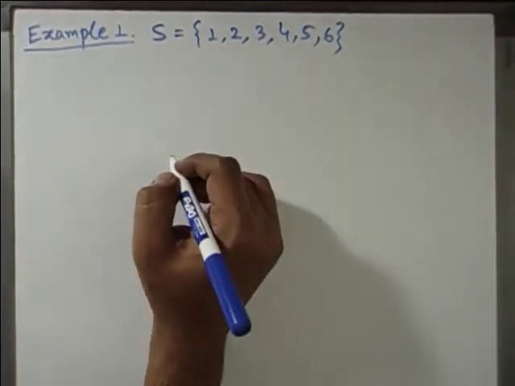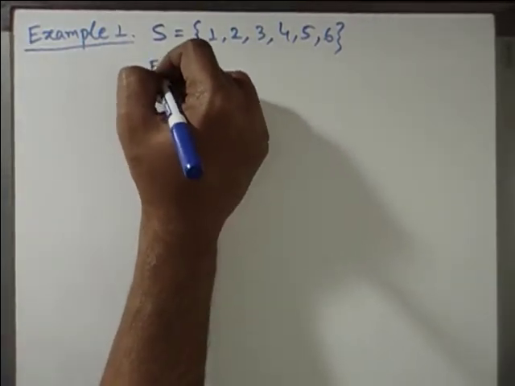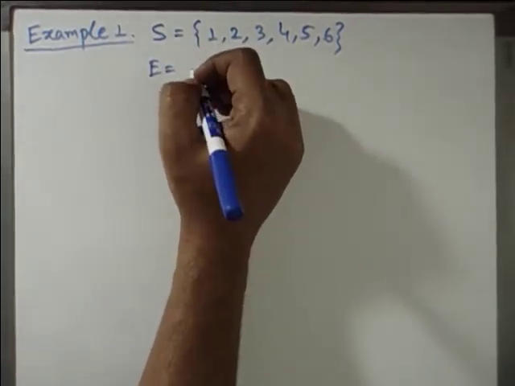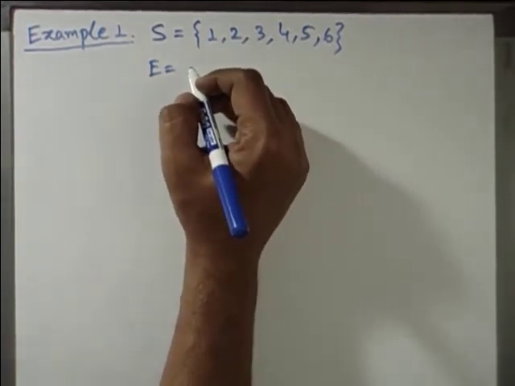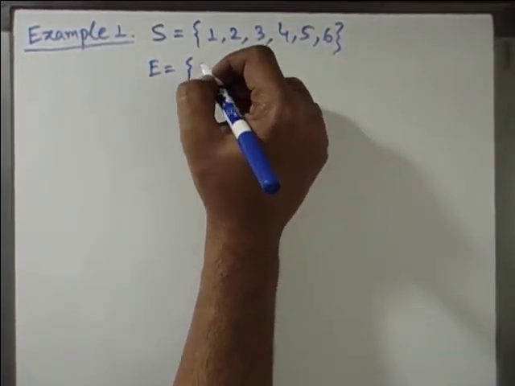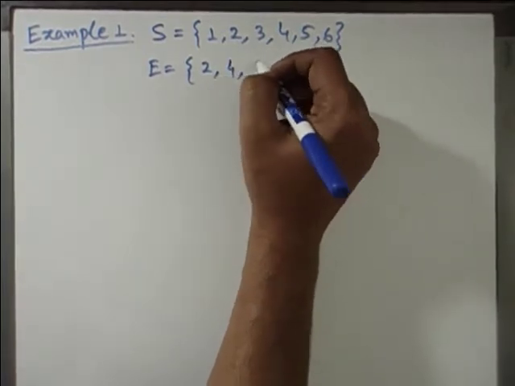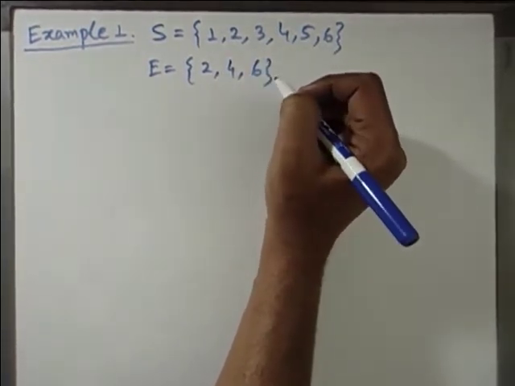This is our sample space. And the event space, that set is denoted by E, and this set is the even numbers on a die, so 2, 4 and 6.